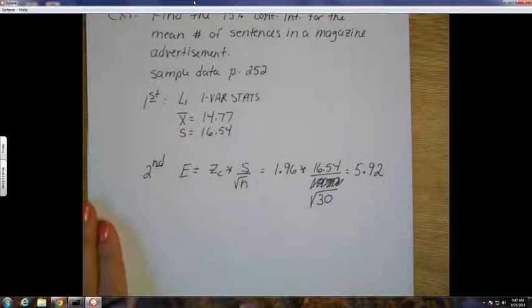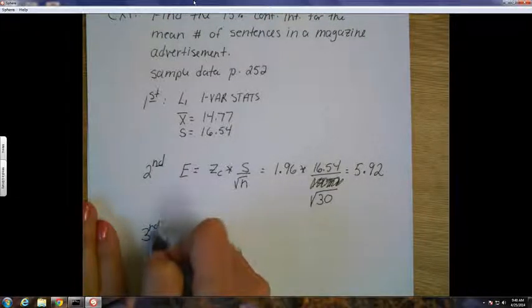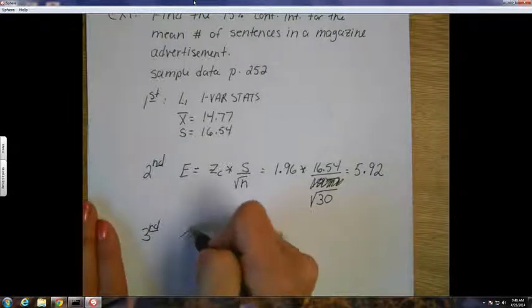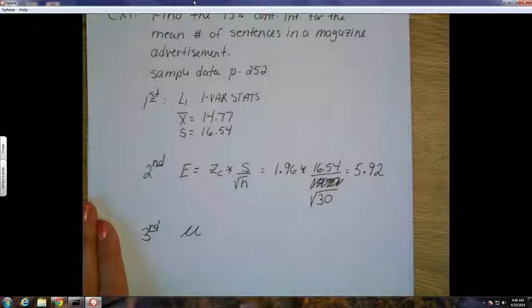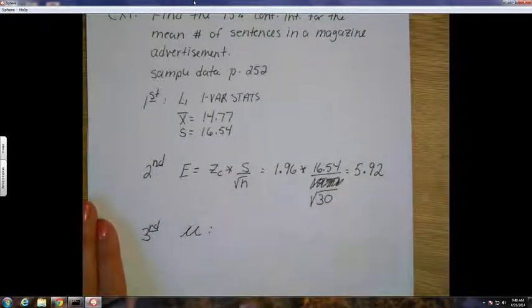So now what we're going to do is give an interval that I expect the population value to fall in between. So if I was able to look at all magazines and count all the advertisement number of sentences, I would expect that average for the population to fall in between, what do I do to find the range?